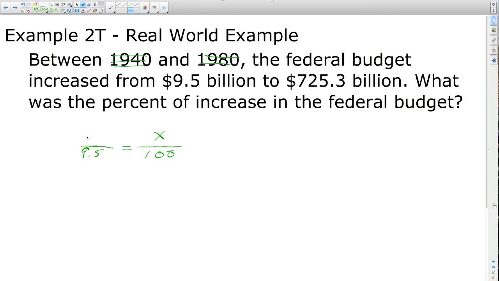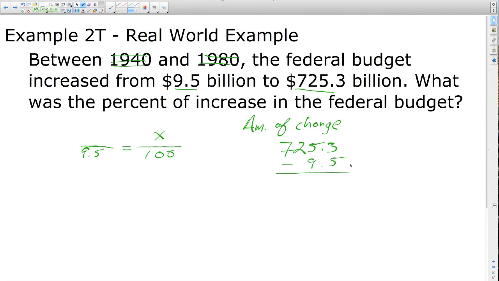What we have to do is figure out the amount of increase, or the amount of change. And we're going to do that by subtracting these two values: 725.3 billion take away 9.5 billion.